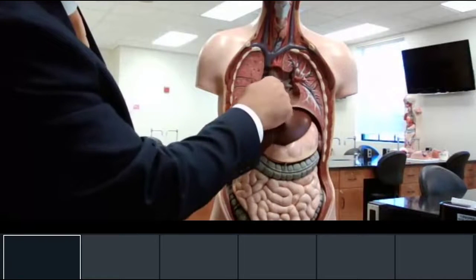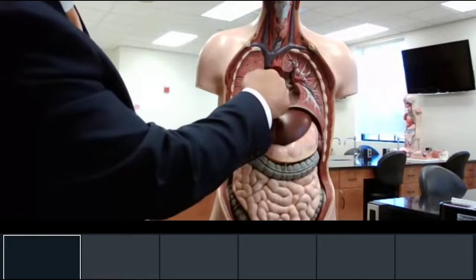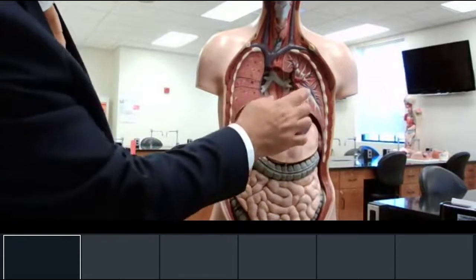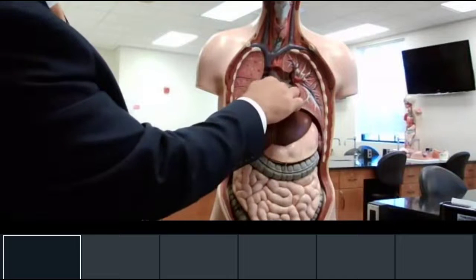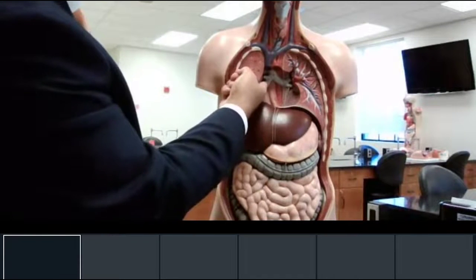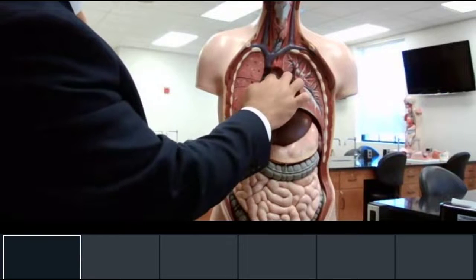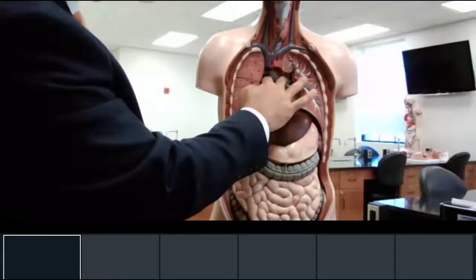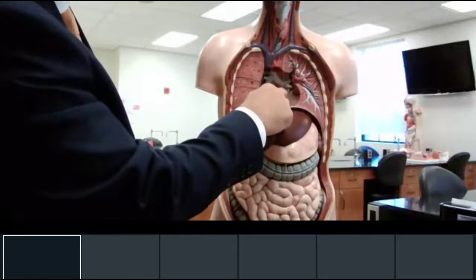It gives two branches, one to the left and one to the right. These are the primary bronchi. So we have the left primary bronchus and the right primary bronchus. The trachea and the immediate branches of the trachea are also in the mediastinum.